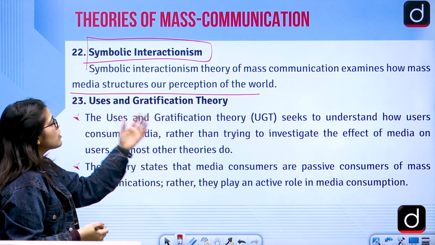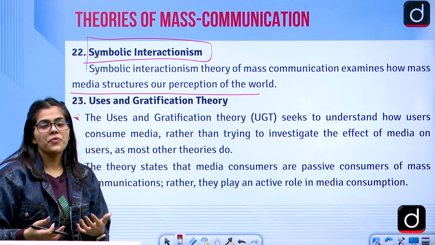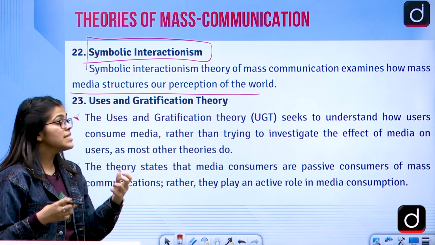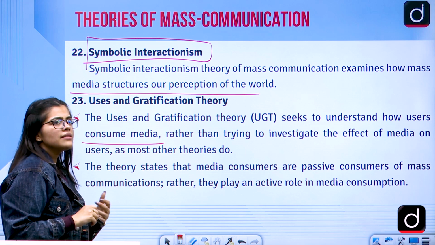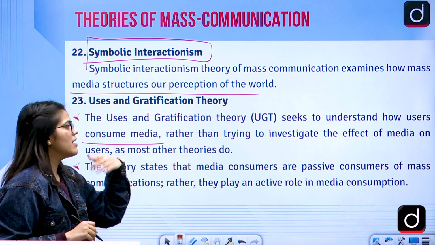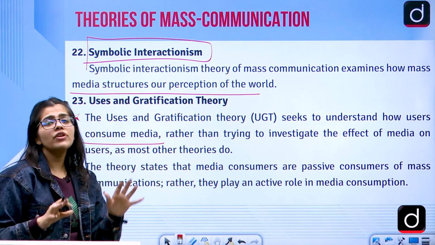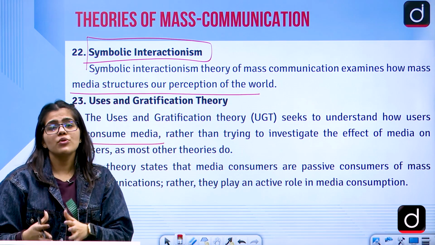Then you have the uses and gratification theory, and this says that you use media in a lot of manner. So the uses and gratification theory seeks to understand how the users consume media. Rather than trying to only investigate the effect of the media, this theory says that media is useful at a particular time also. They are also telling you and giving you a lot of things.